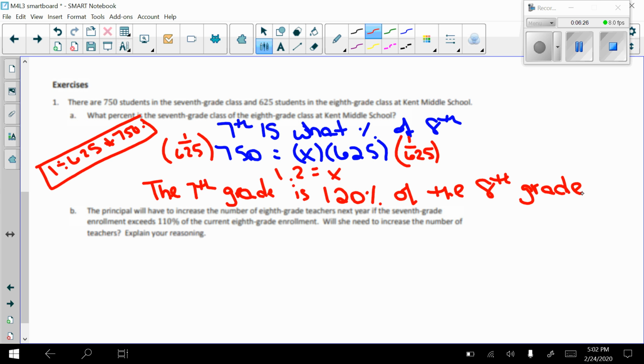The principal will have to increase the number of 8th grade teachers next year if the 7th grade enrollment exceeds 110% of the current 8th grade enrollment. Will she need to increase the number of teachers? What do you think? Will she need to? Thumbs up or thumbs down? So 120% is greater, isn't it, than 110%?